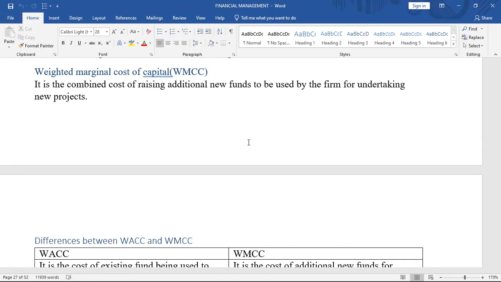So when the organization is going to be doing new projects, it means that we have to be looking for additional funds which are available for the organization. And that is why we are saying the WMCC is just the combined cost of raising additional new funds to be used by the firm for undertaking new projects.